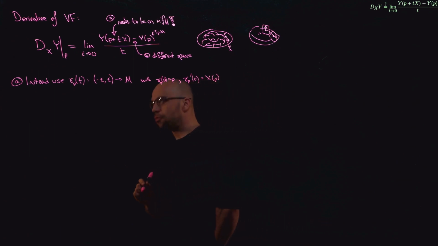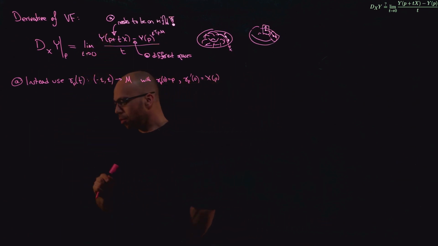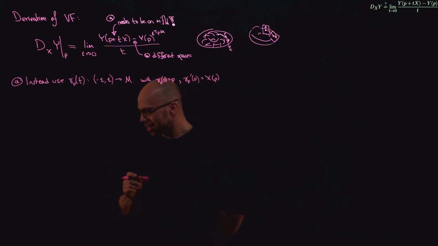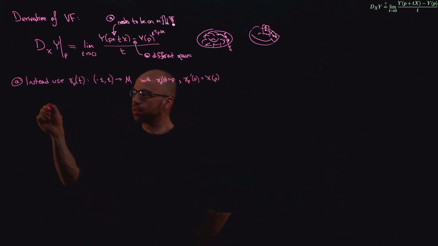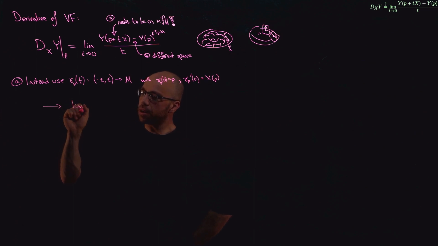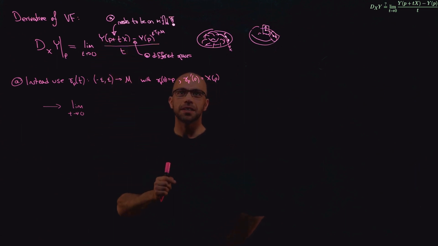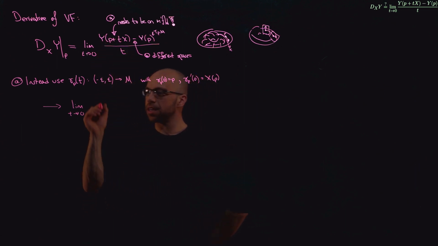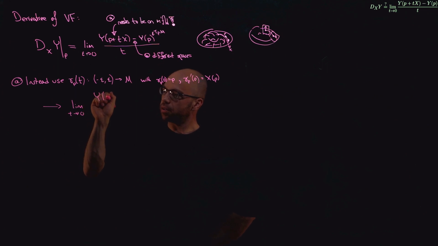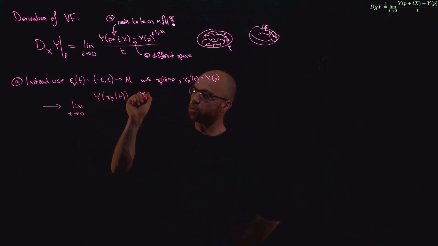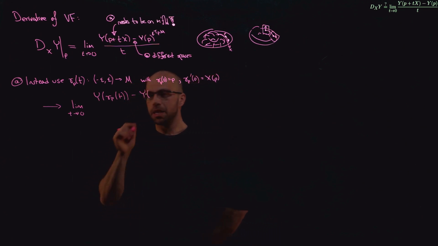Then, if we want to resolve problem A, one way to do that in a generic notational way would be to rewrite our derivative as the limit as t goes to 0. Now, instead of y of p plus tx, we can write it in a different way, right? We can say this is maybe y of gamma p of t, minus y of p.